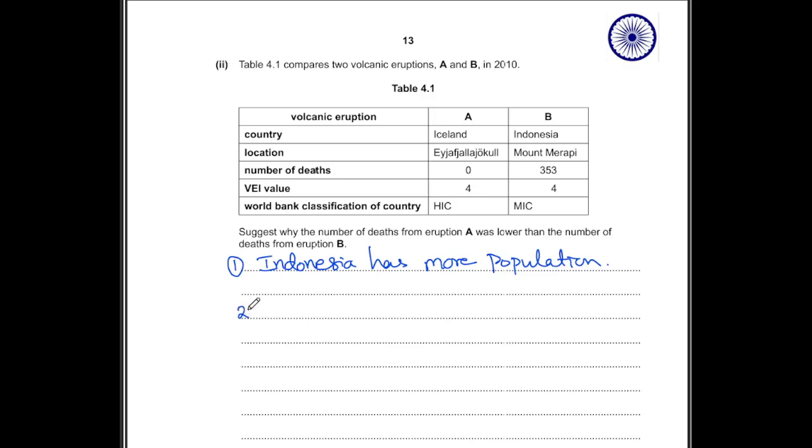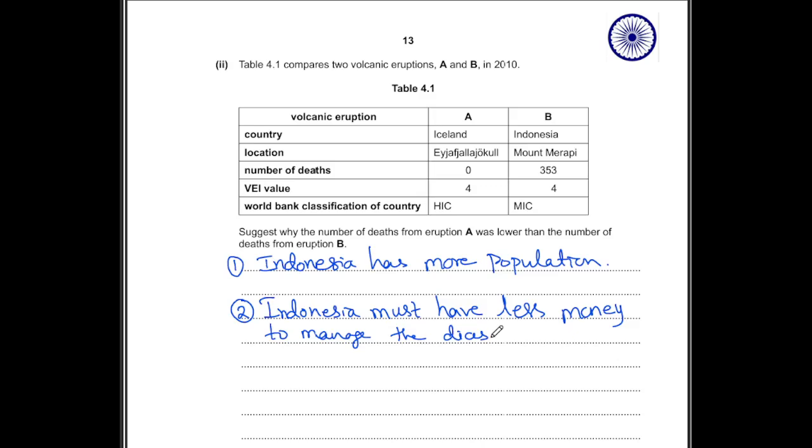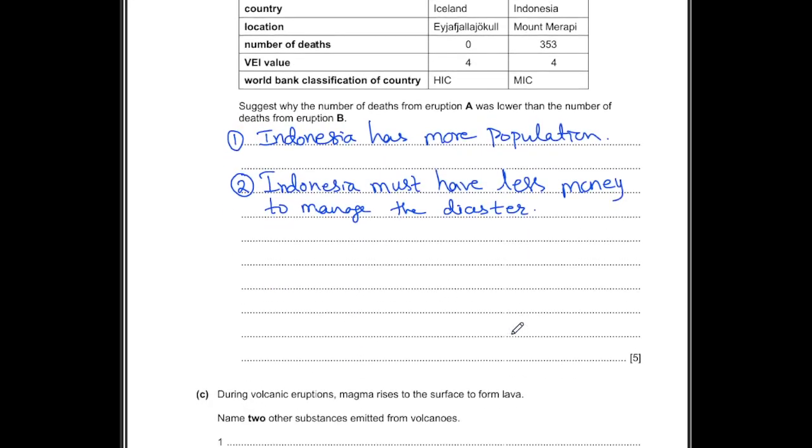Second one, Indonesia must have less money to manage the disaster, right? So let's see the marks first here. Oh, it's for 5 marks, so basically we need to write 5 points, right?